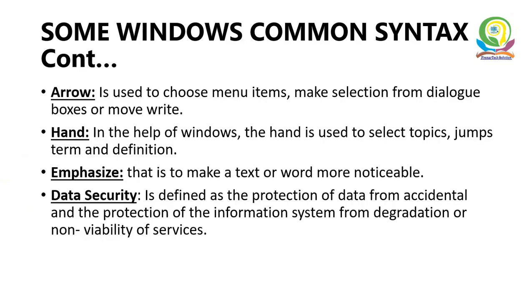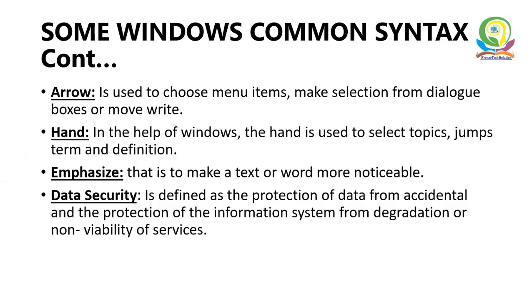Arrow. Arrow is used to choose menu items, make selections from dialog boxes, or move right. So when you're talking about the arrow, it depends on what you are doing. When you go to the menu, you will see the pointer change to the arrow. And the arrow is what you use to select those objects or selections from the dialog box.